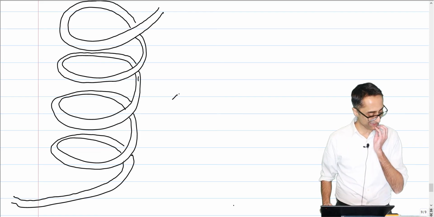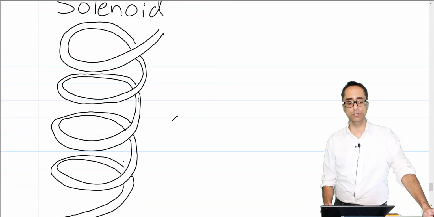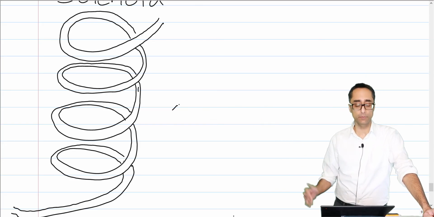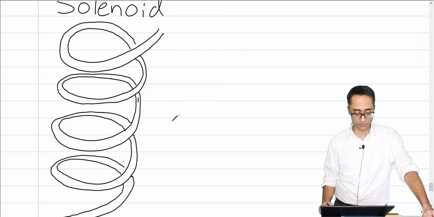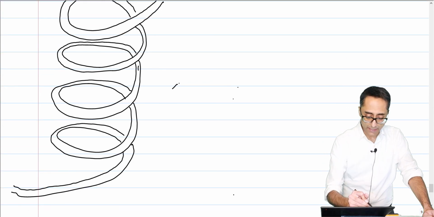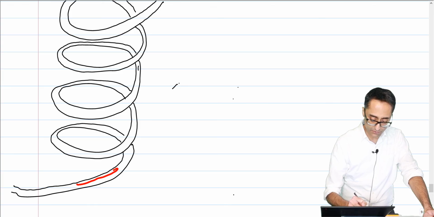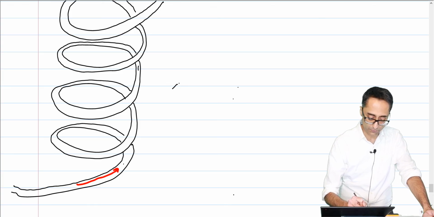There we go. And we're going to run a current through that solenoid, just a wire that we looped up into circles around and around and around. And let's indicate the direction of the current right here. So it's going to go kind of like up that loop, if you will.